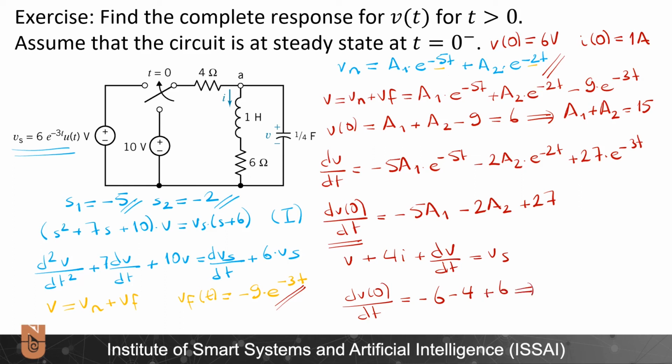And from here, I get dv0 over dt is equal to minus 4.